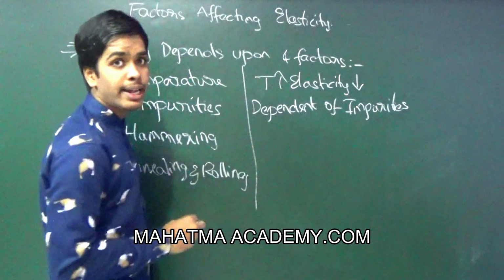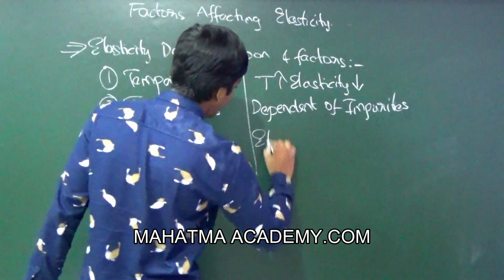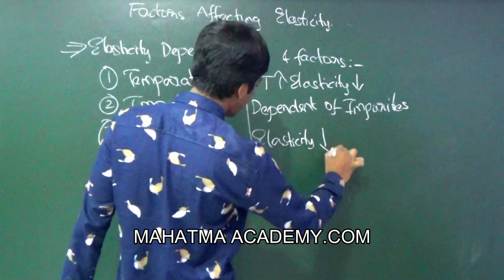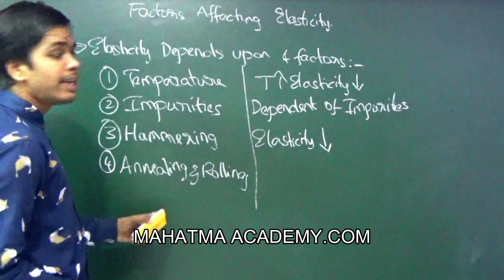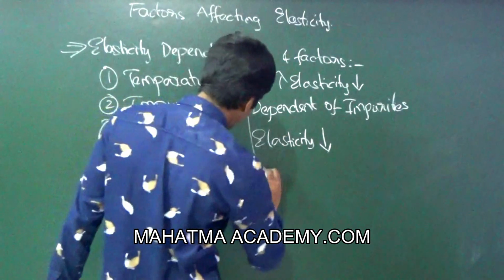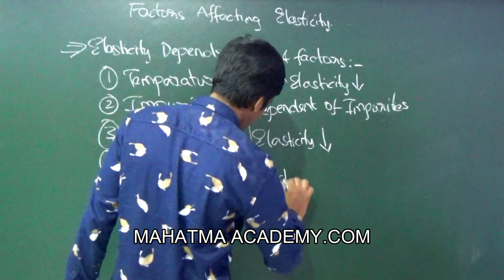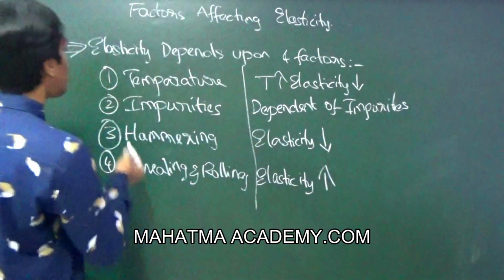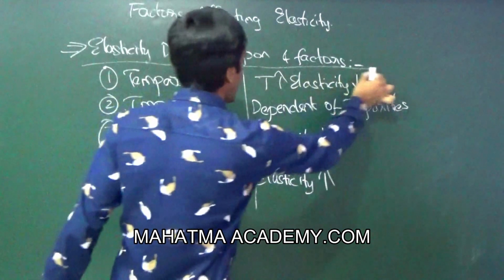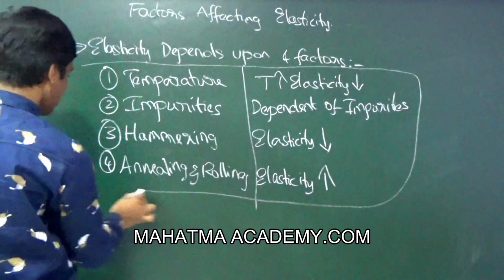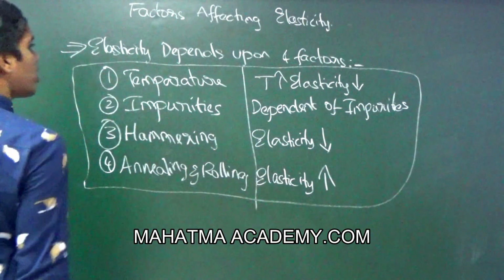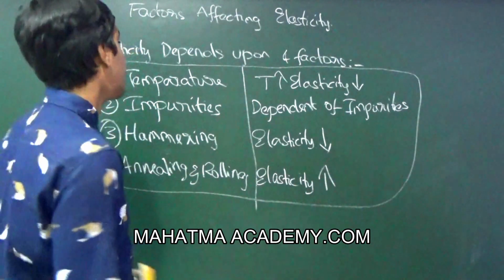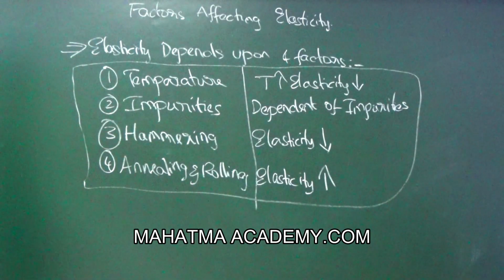As we do hammering, elasticity will decrease. Now, annealing and rolling will increase the elasticity. Okay. Now we have completed the factors affecting the elasticity. Now we will see a small problem. First copy this. Okay.